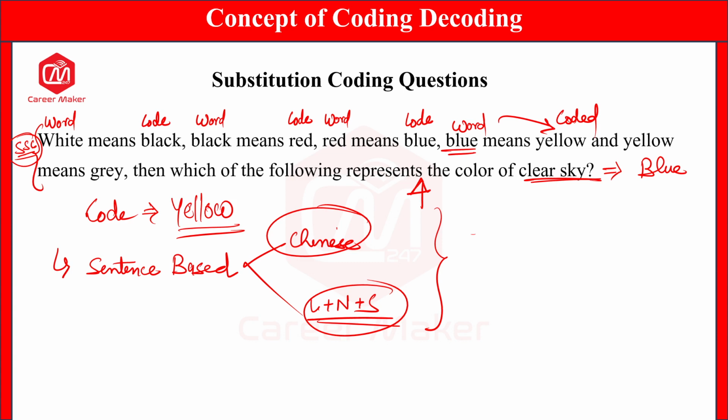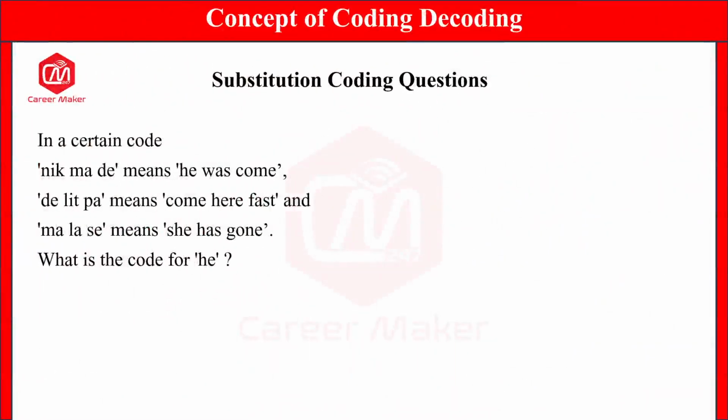Okay, so I'm just giving a glimpse of how this substitution works in sentence-based coding and why it is called Chinese. Now by this question you can identify why it is called Chinese coding. As you can see here on your screen, these are words which are very similar to the Mandarin language: ni, ma, de.